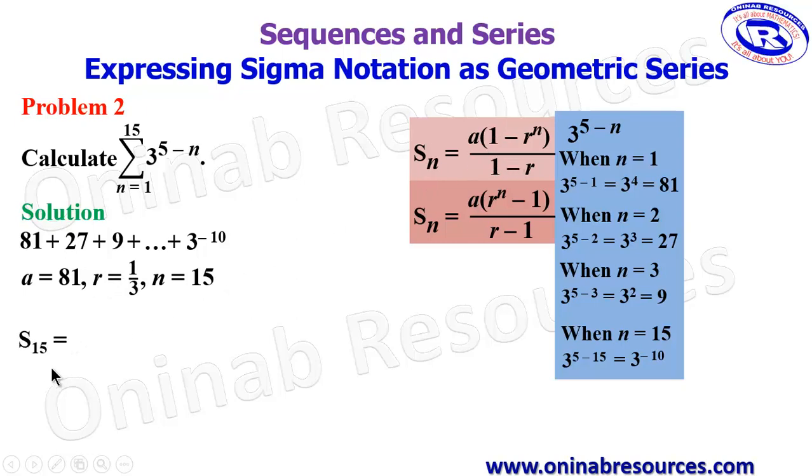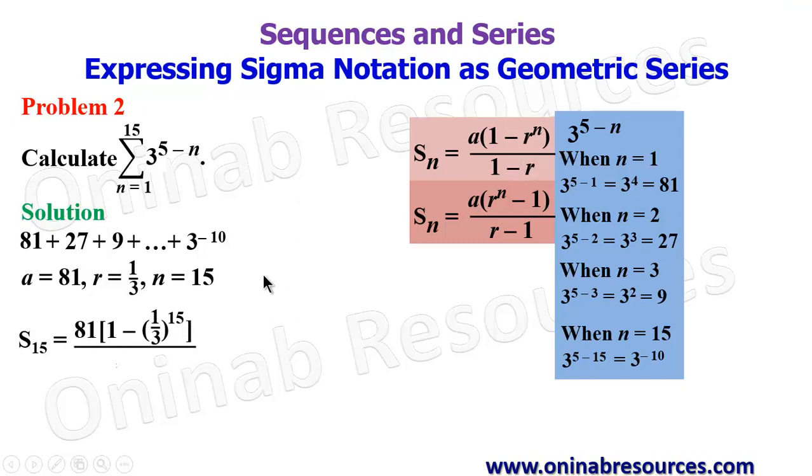So S15 will be equal to our a, which is 81, into 1 minus our r, which is 1 over 3, raised to the power 15. We close the bracket, over 1 minus our r, which is 1 over 3.